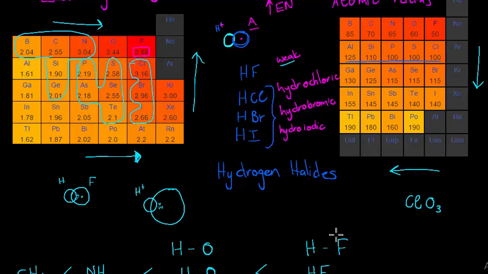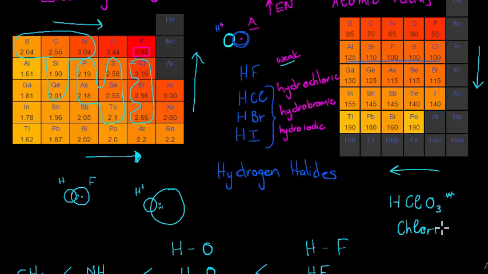Now the moment chlorate, which was 1 negative, would bond with a hydrogen, this obviously now becomes an acid. Why an acid? Because it has the potential to donate the hydrogen. Now this is called chloric acid.